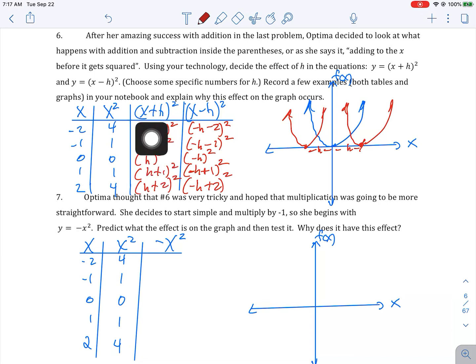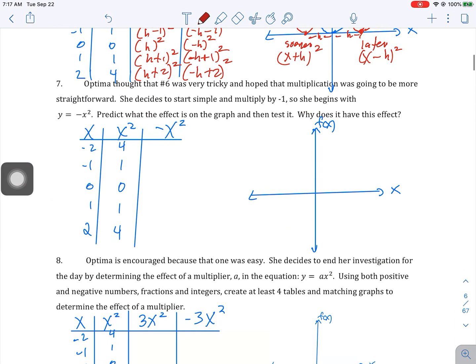Okay, and the x plus h means it happens sooner, so that's going to be here. The x minus h means it happens later. It's a little bit counterintuitive, x minus h. Okay, so it takes longer to get there.